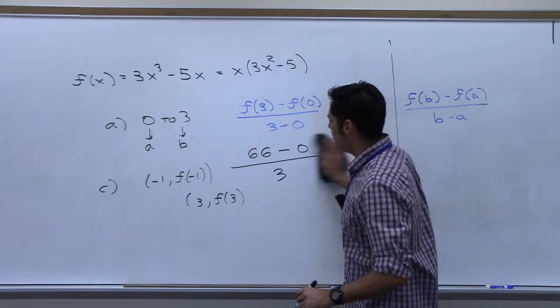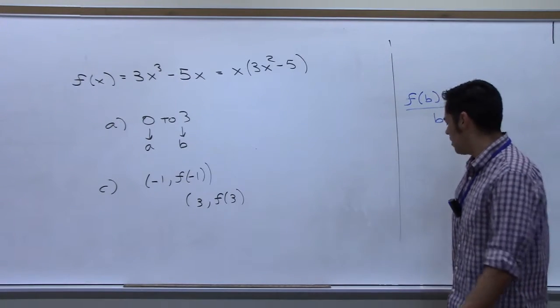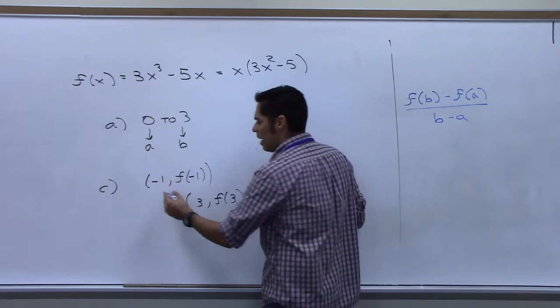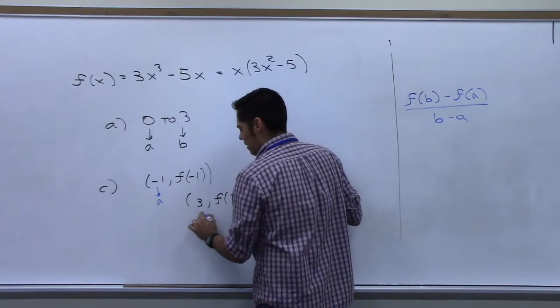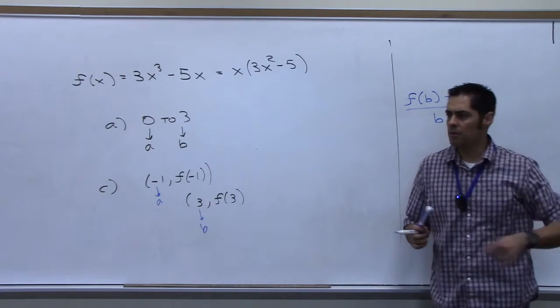Okay, so that's what they give you for part C. Some of this, when you look at it, can be somewhat confusing. You may look at it and be, what is all that information? The only thing that you care about is the x value. This is your A, this is your B. And then you just go through and rewrite and do the formula.